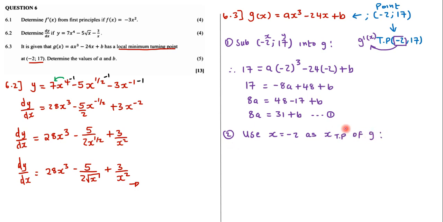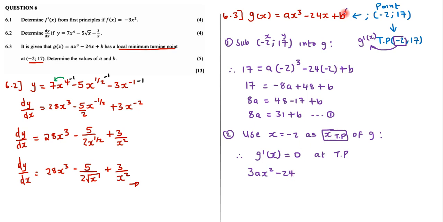Now if I'm using this as the x coordinate of the turning point, the first thing that I'm going to do is take the derivative and then equate it with 0, because by having a derivative at 0, it means we are at a turning point, right? Then from here I'll differentiate my graph, which is g of x. Now when I do that, I get 3a x to the power 2 minus 24.